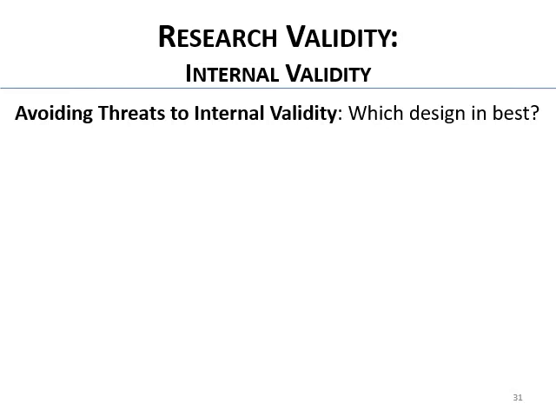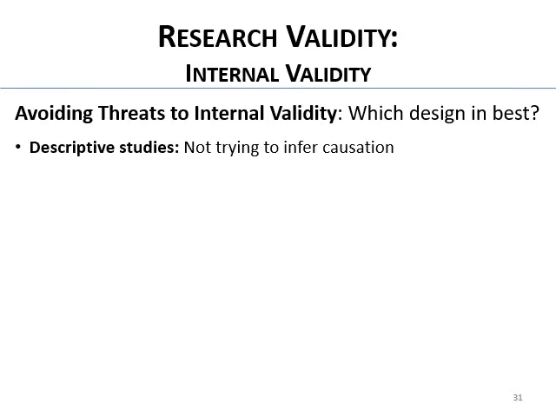So which design? Descriptive studies are studies where you're just describing things. It's the most unsurprising name in this entire class, I think. You're not even trying to infer causality in descriptive studies. You're just describing groups or events or phenomena, right?